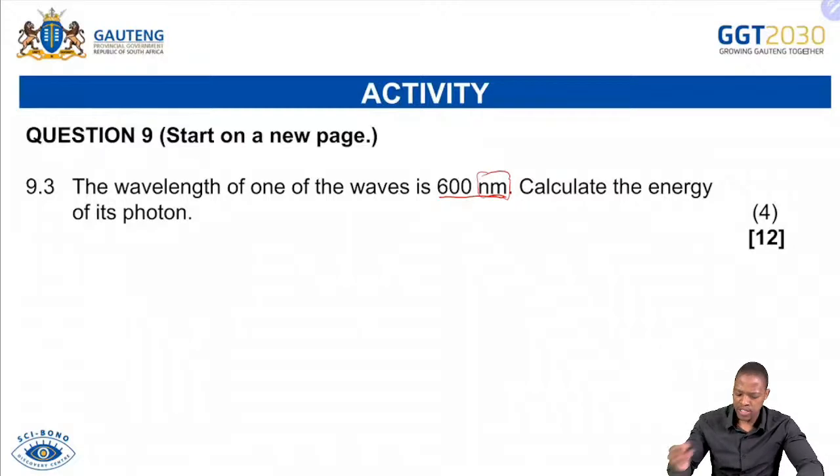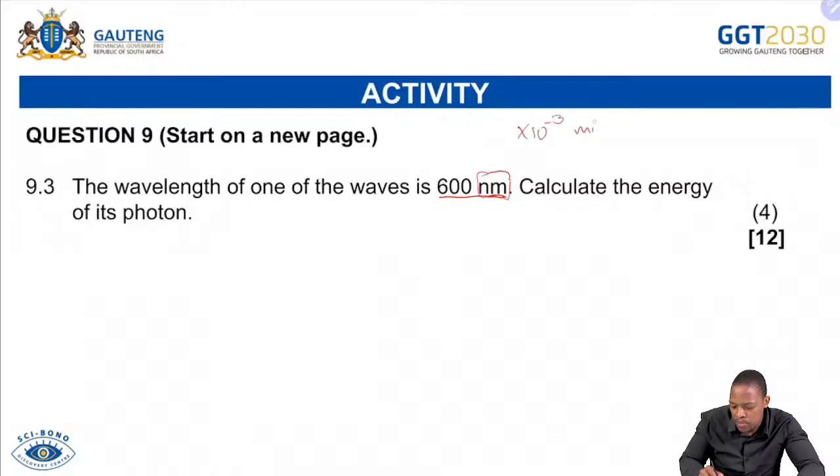Those SI prefixes that you are supposed to know, where we said times 10 to the power minus 3 is milli, okay? Times 10 to the power minus 6 is micro, times 10 to the power minus 9 is nano, times 10 to the power minus 12 is pico.